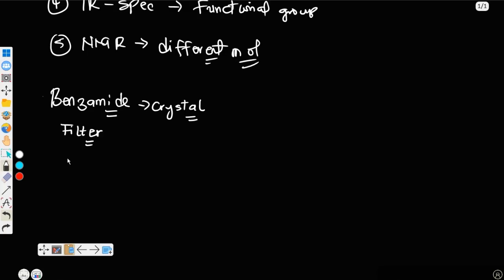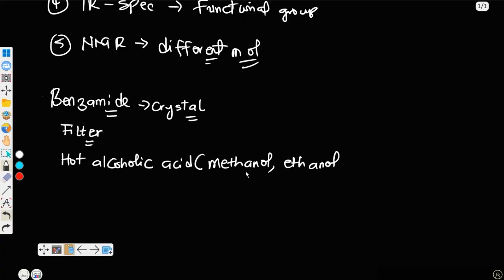Then you will get a hot alcoholic solution, which can be hot methanol or hot ethanol, but most times they use methanol, or a mixture of water and ethanol, which are suitable solvents.